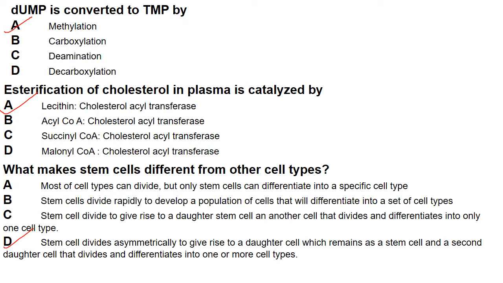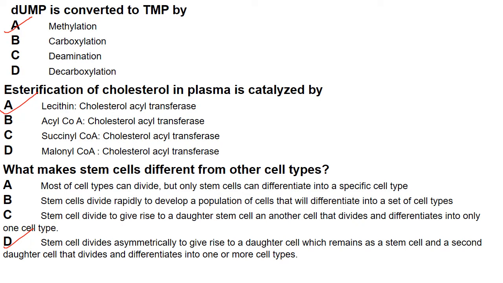dUMP is converted to TMP by? Thymidylate synthase catalyzes the conversion of deoxyuridine monophosphate to thymidylate, TMP, in a reductive methylation. So dUMP is converted to TMP by methylation. Answer is option A. Then next one.